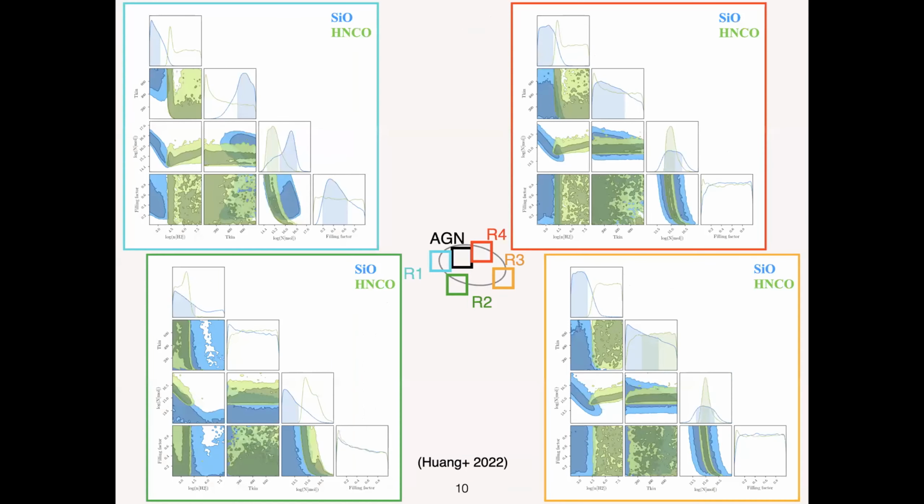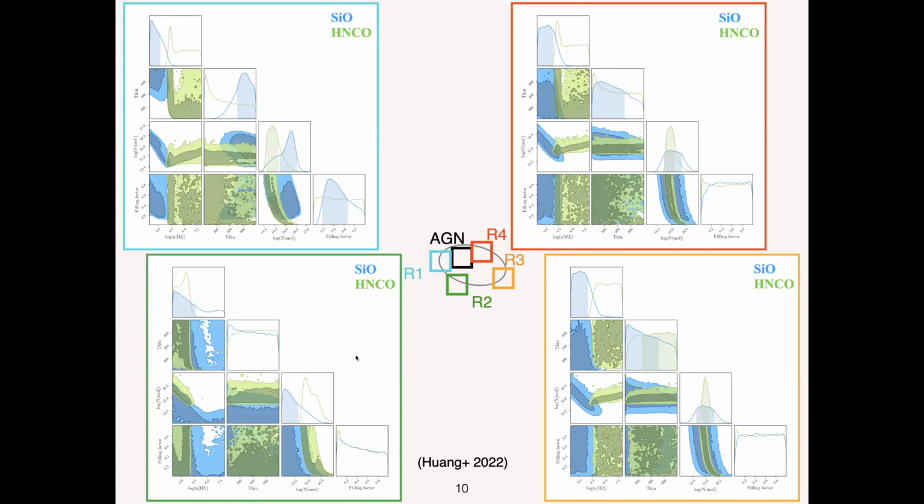So we also took a look at all the regions we can sample around the CND. Overall, HNCO is mostly tracing higher gas density compared to SiO, except for the R2 region, where I plotted a green square here. As I mentioned in the chemical modeling part, if we want to go without shock, we need a gas environment that is dense enough, greater than 10 to the 4.